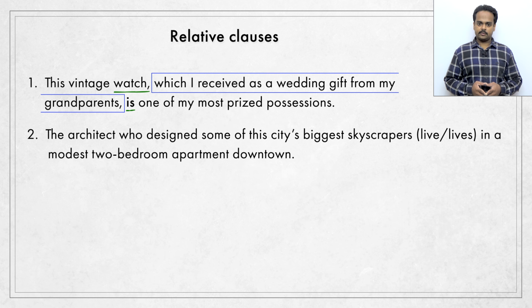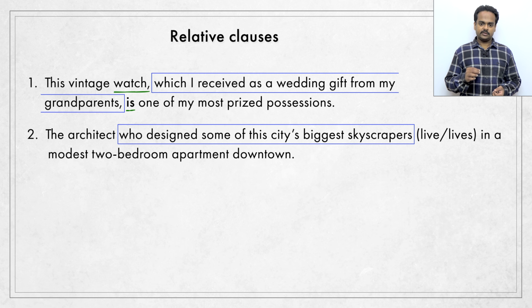All right, here's another example. The architect who designed some of the city's biggest skyscrapers lives in a modest 2-bedroom apartment downtown. Modest means simple. So is it live or lives? The first thing that you should notice is the word who. So you know that we have a relative clause.